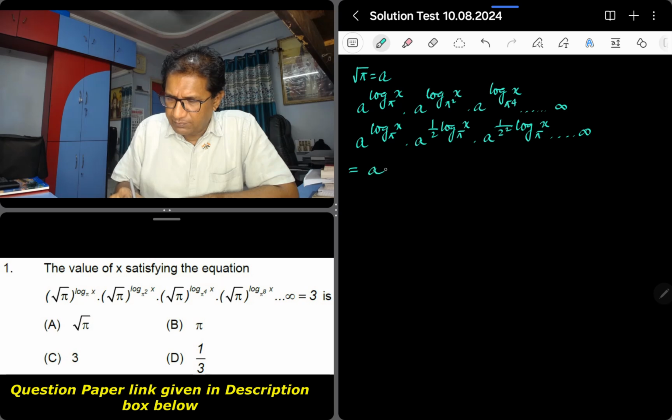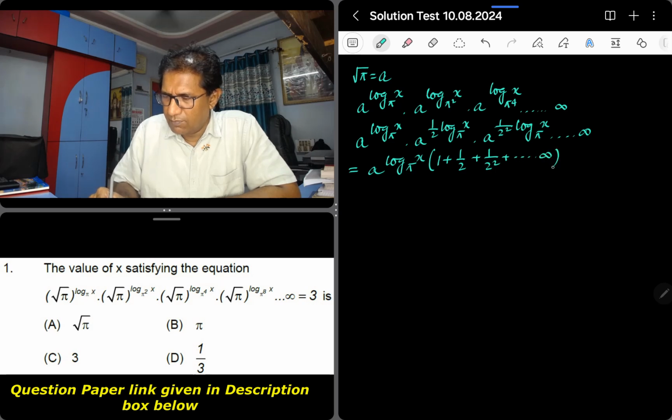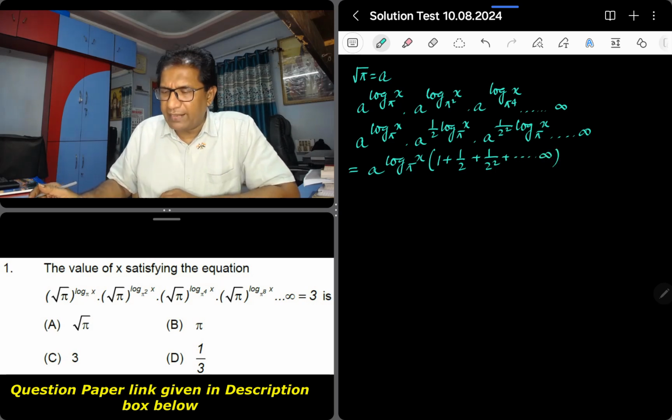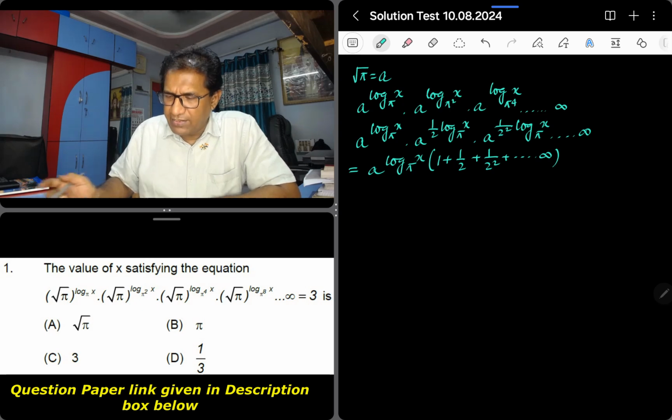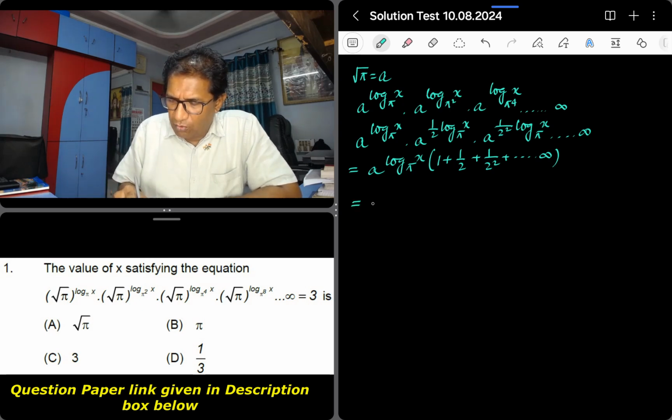So we can write, so the whole thing within the bracket is an infinite GP. So I am applying the formula for the sum of infinite GP, that is a divided by 1 minus r.